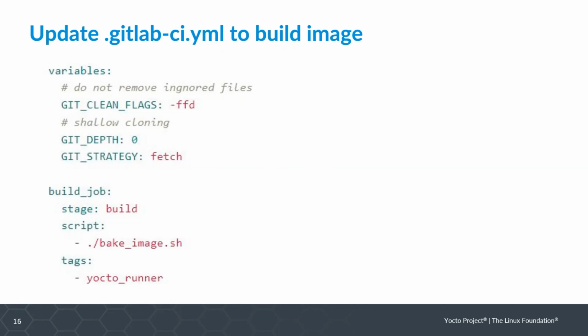There's another improvement to switch the strategy from clone to fetch so that it will just get updates, not reclone the entire repo. And when you're doing fetch, you can set the depth. This is probably a minor thing, but since we're not going back in the Git log or the Git history, we can set our Git depth to 0 so that it just gets the latest.